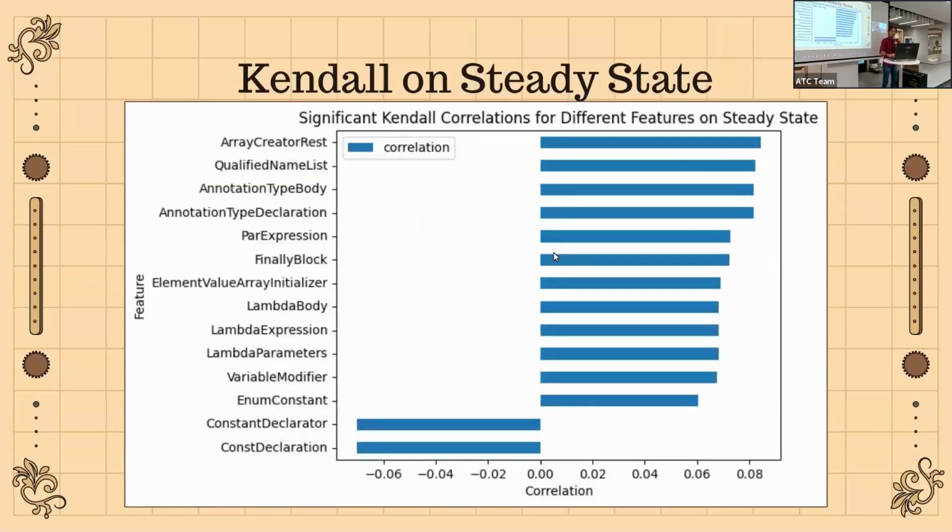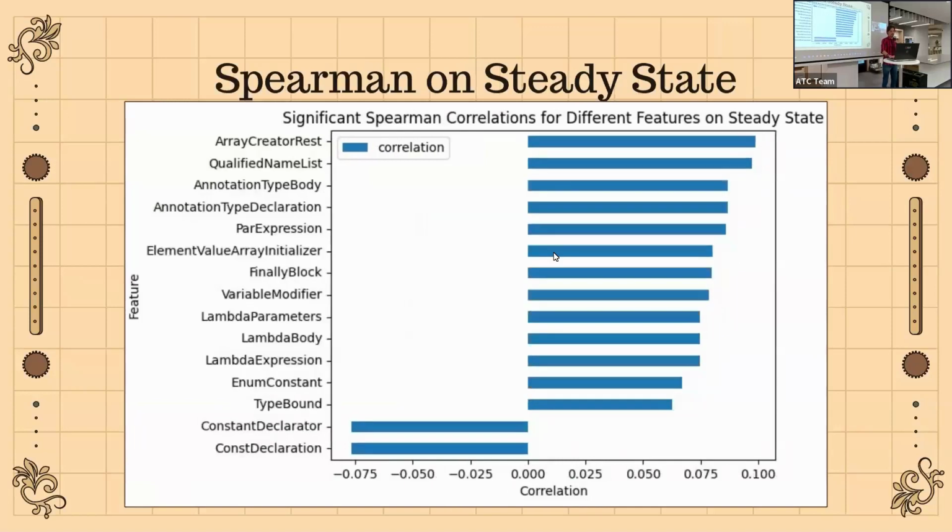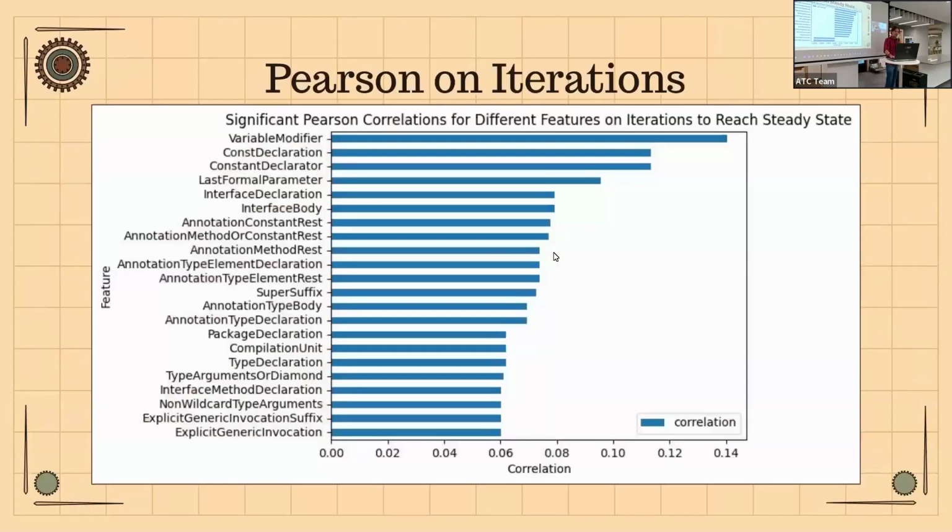And similarly, we have Kendall, which has about like an 8% positive and 6% negative. And Spearman and Kendall are very similar in their mathematical equations, so it makes sense that their graphs are very similar.